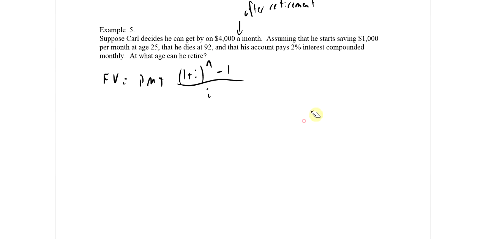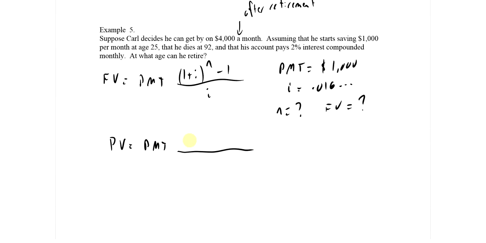He is going to put away $1,000 a month, at 0.0166 dot dot dot, which is still the 2% interest compounded monthly. We don't know how long it's going to be, and we don't know how much money will be left. So he puts money away, and it gets up to a certain amount, and then he starts withdrawing from it.